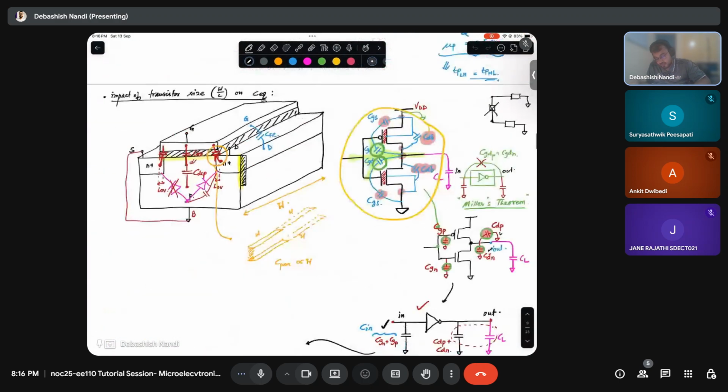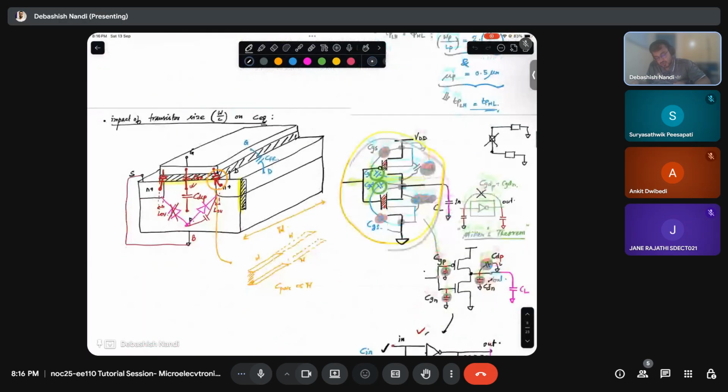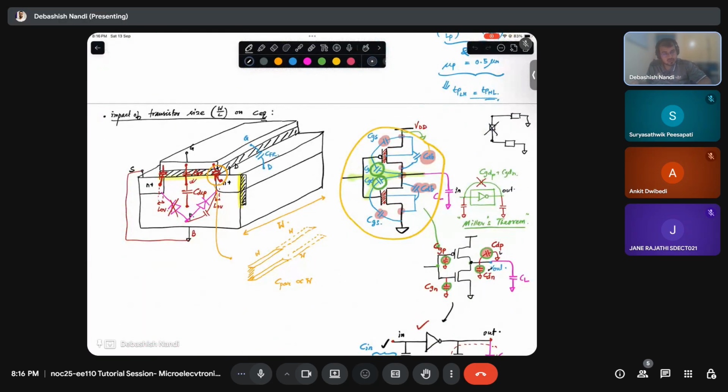What we are doing basically is, earlier you had a W of 1. Now in the other transistor you have a W of 3. So will your capacitance increase or decrease? Increase, sir.